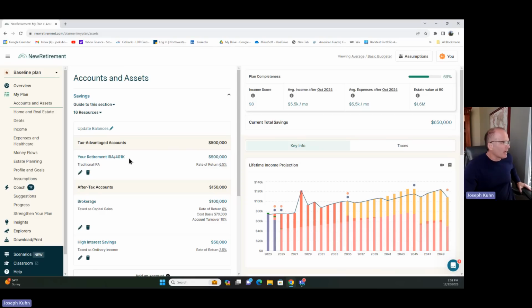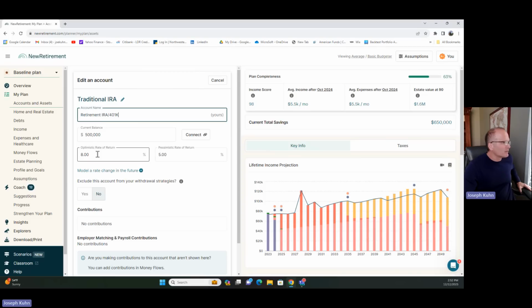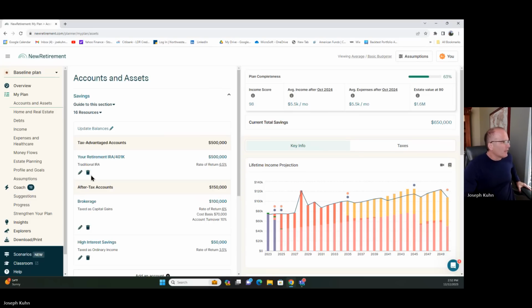So your retirement IRA, 401k, it's got $500,000 in it. Optimistic rate of return, things go well, 8%, pessimistic, 5%. Those are entered by the user. Simple.